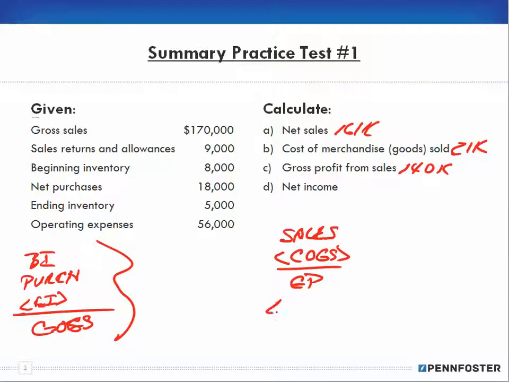And from our gross profit, we have to subtract out our expenses in order to end up with our profit or loss, which is our net income or our net loss.